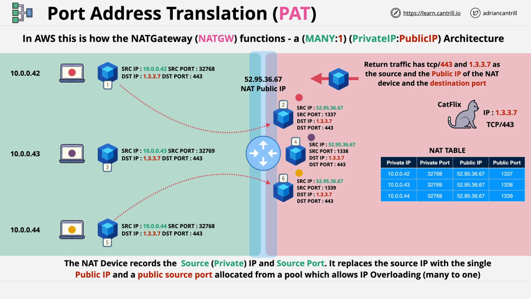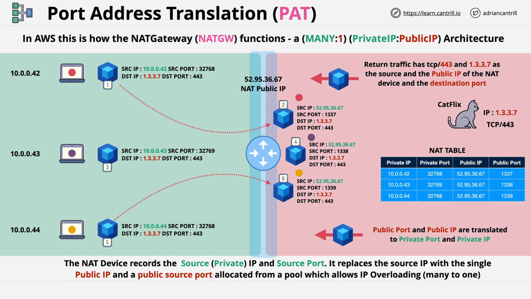Let's say in this case the public source port is 1337, which represents the session of the top left laptop. So for return traffic, if an entry is present in the NAT table, the NAT device translates the public IP and public port, which are the destination IP and port, to the original IP, which is 10.0.0.42, so the top laptop, and 32768, which is the original source port number.